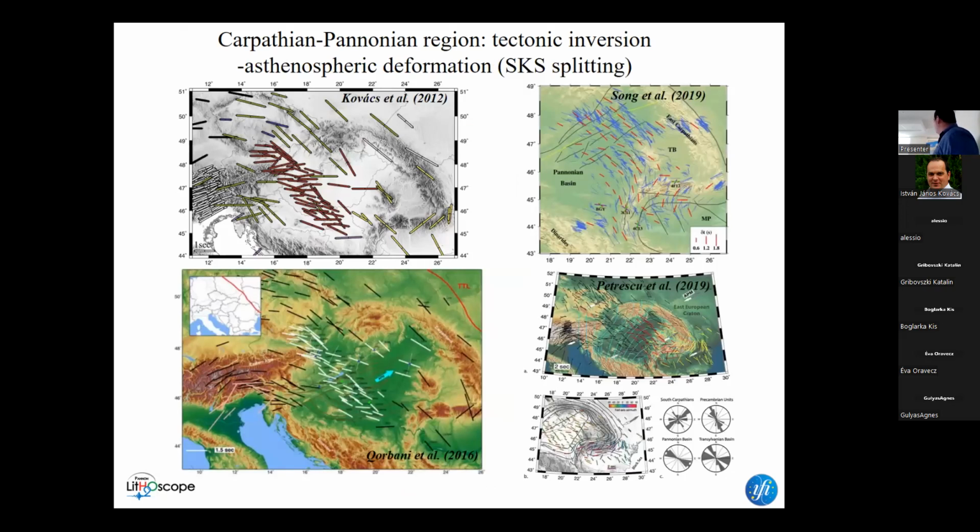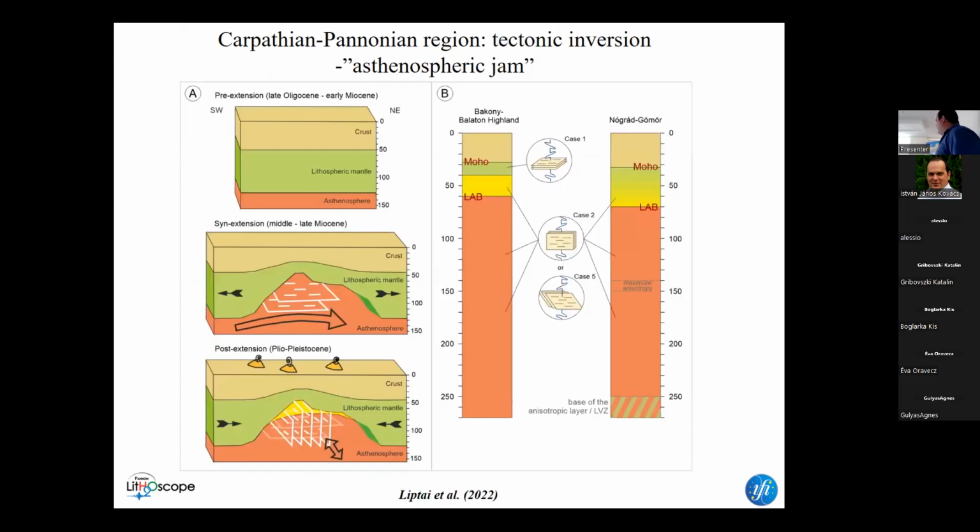As we approach the Trans-European suture zone, most of the directions, regardless of where we are, start to mimic the direction of the Trans-European suture zone. But still, we can say that there is a constant squeezing of the asthenosphere beneath the Pannonian basin, because it's still under this compression which I was talking about.